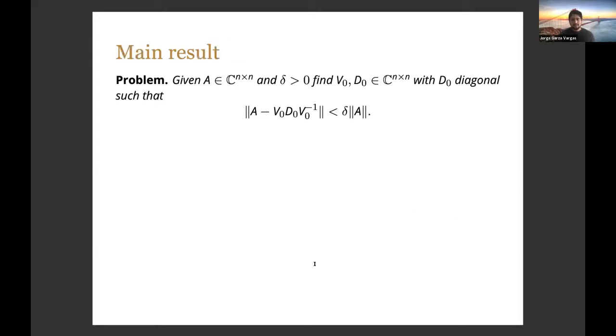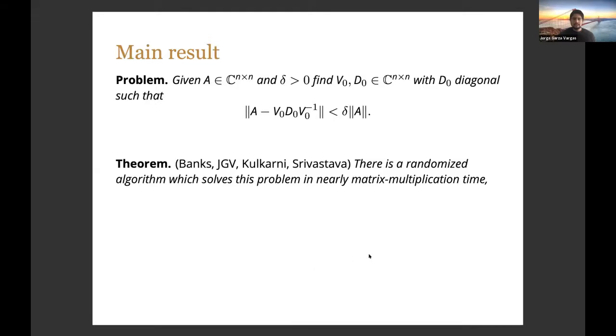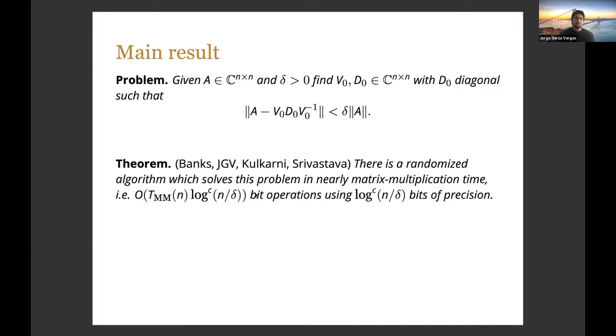Okay, so let me tell you our main result. We showed that there's a randomized algorithm which solves this problem in nearly matrix multiplication time. To be more concrete about what I mean by matrix multiplication time, pick your favorite algorithm for multiplying two n by n matrices and let T_MM(n) be the number of bit operations that algorithm takes.